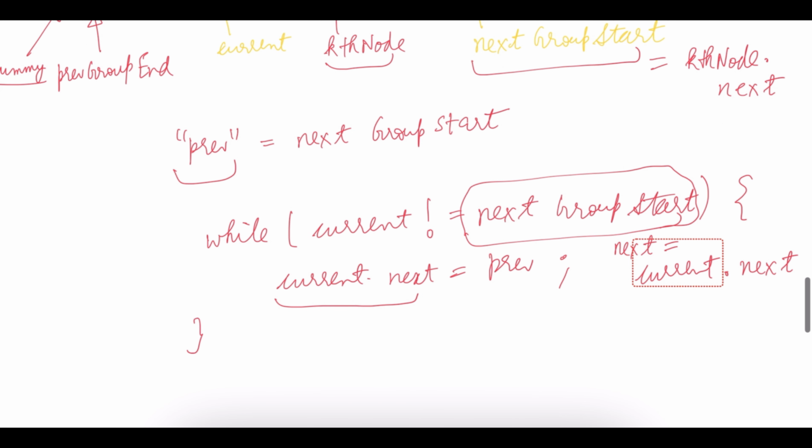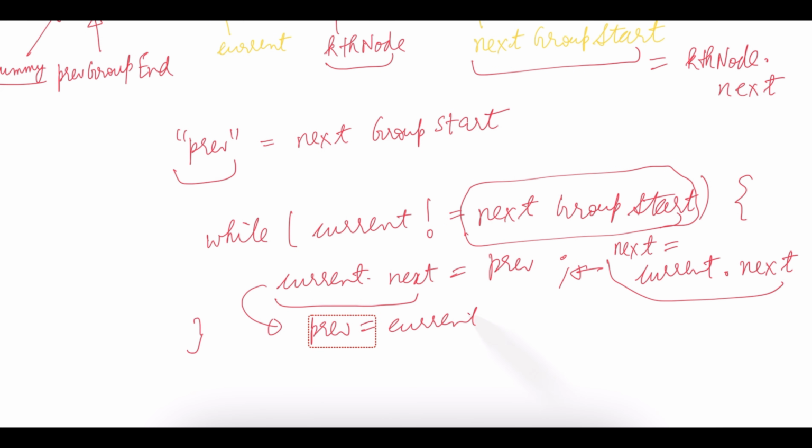After I have saved this, I can update my previous as current, and I can update my current as next to start processing the next node. And once my while loop is done, I am going to need to update my pointers.